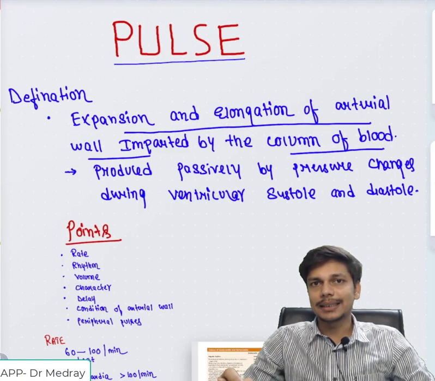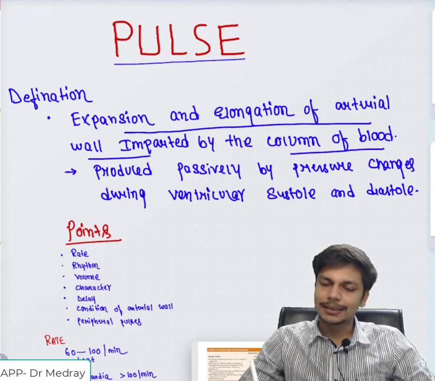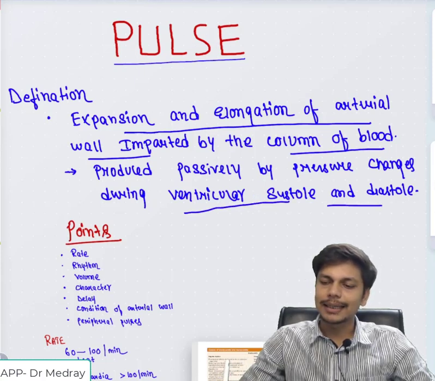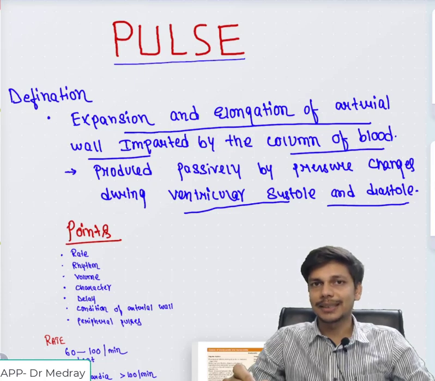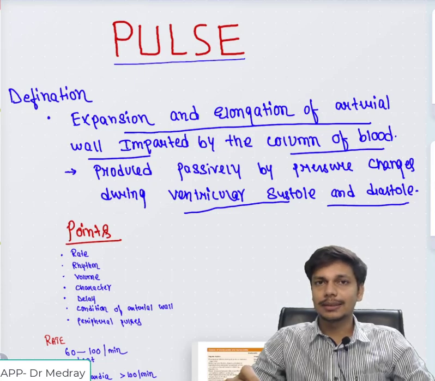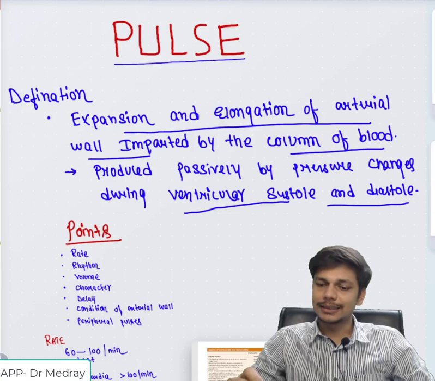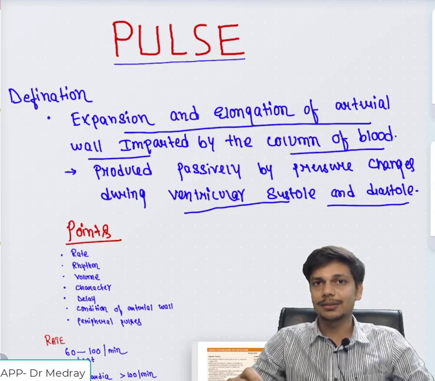When the left ventricle contracts, during ventricular systole and diastole, this produces a pressure which is transmitted through the arteries and reaches the peripheral pulses.